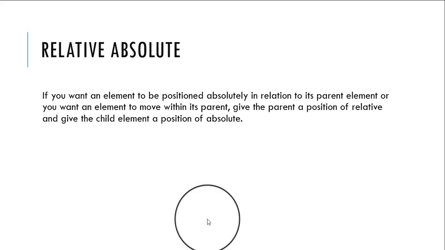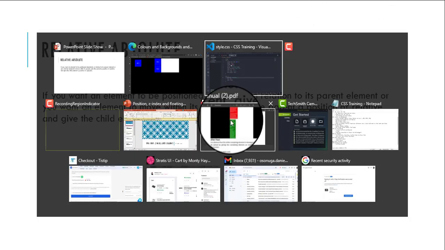Then we can look at another one, which is relative absolute. If you want an element to be positioned absolutely in relation to its parent, or if you want an element to move within the parent, give the parent a position of relative and give the child a position of absolute. Let's see how it solves our problem.